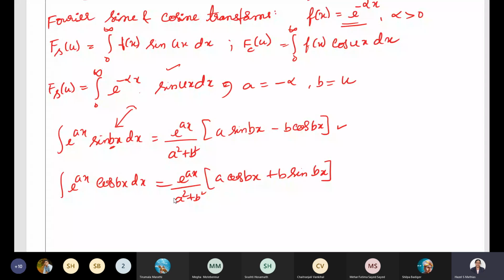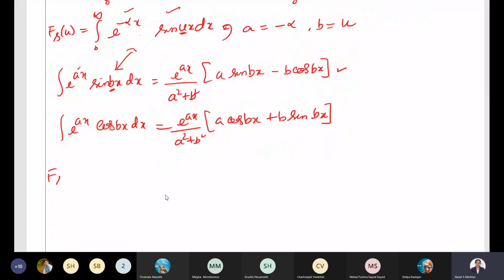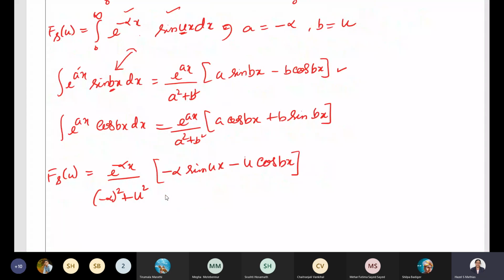So when you put that in the formula, Fs of u is equal to e power minus alpha x divided by minus alpha whole square plus u square into a, minus alpha sine ux minus b, which is u, cos ux. Is it okay, everyone?